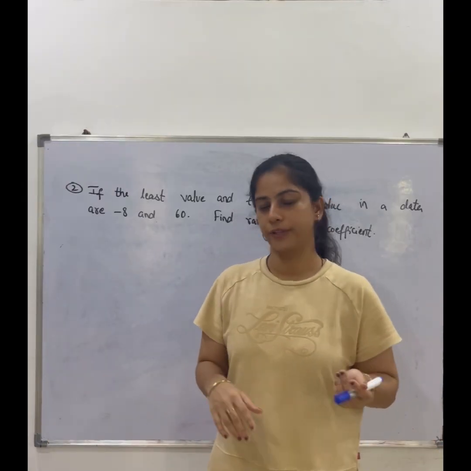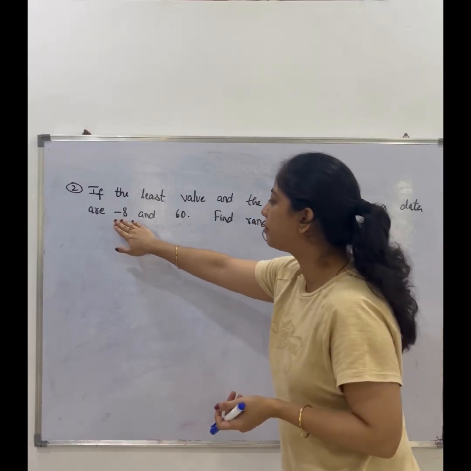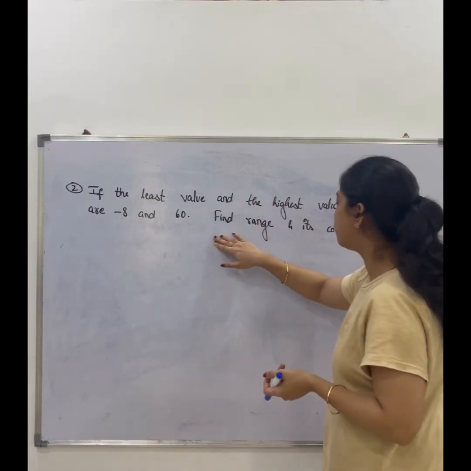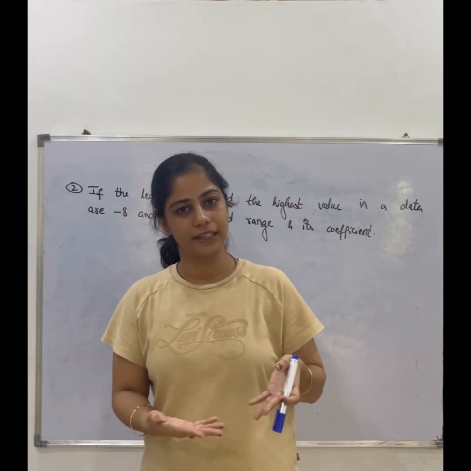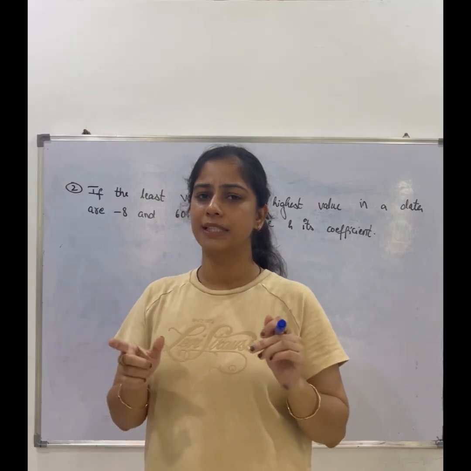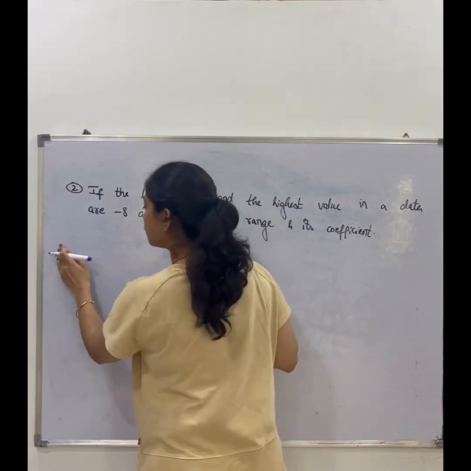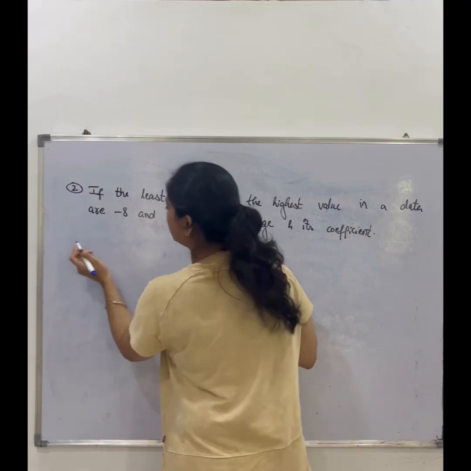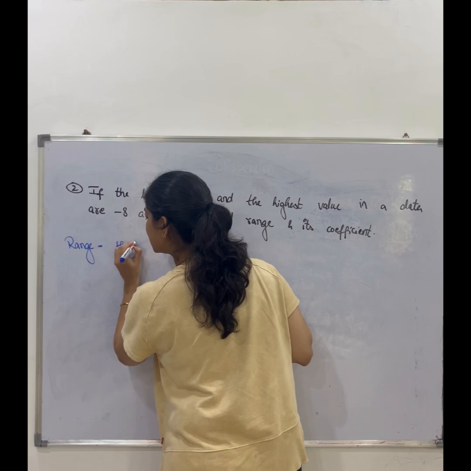Let us look at the second question. If the least value and the highest value in the data are minus 8 and 60, find the range and its coefficient. In this question, they have directly given us the highest value and the lowest value, and from that they are asking us to find the range as well as the coefficient of range. So you can simply write the formula for range, which is highest minus lowest.